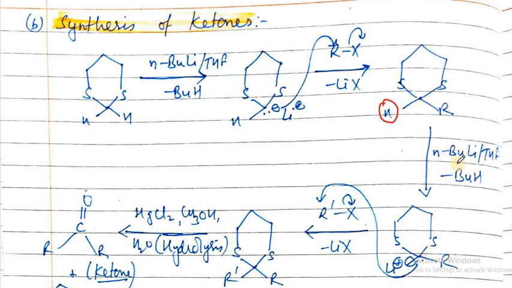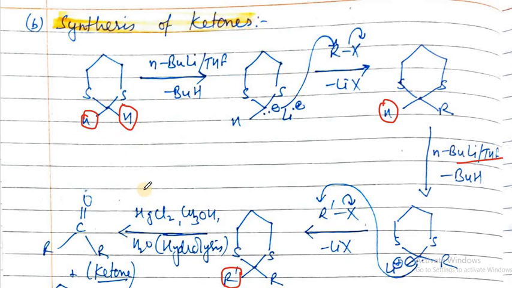So again with butyl lithium and tetrahydrofuran, then we get carbanion, and then with alkyl halide, and now this hydrogen is also replaced with alkyl group. So both the hydrogens present here are replaced with alkyl group.